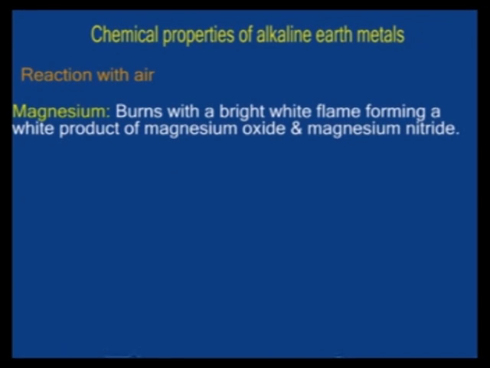How about we look at chemical properties of alkaline earth metals, and we start with reaction with air. Magnesium burns with a bright white flame, forming a white solid which is a mixture of magnesium oxide and magnesium nitride.